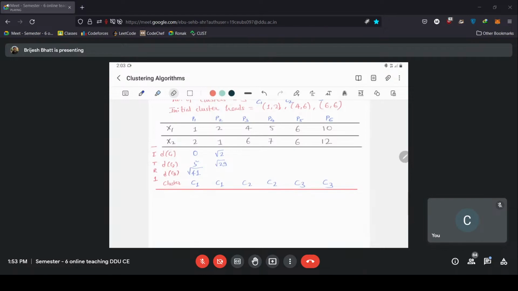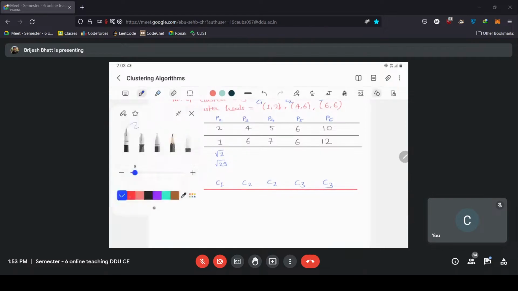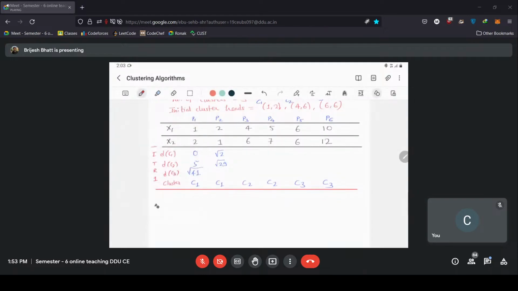So now what is the next step? Calculate the new cluster head based on the cluster assignment that we did, which is the mean of the points assigned to that cluster.